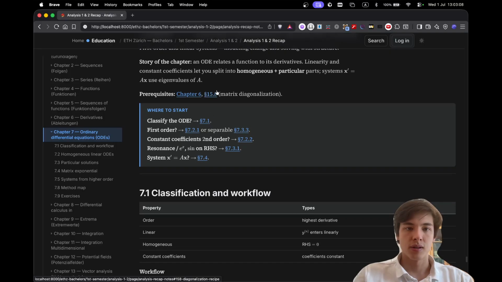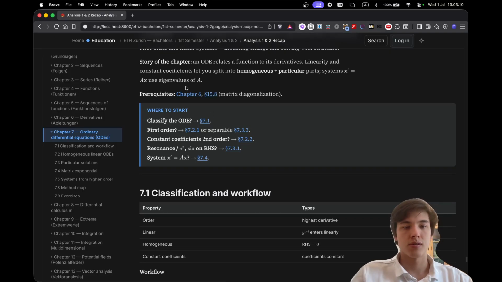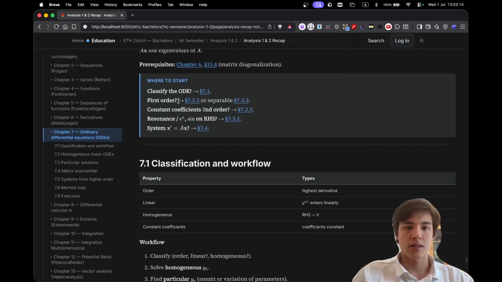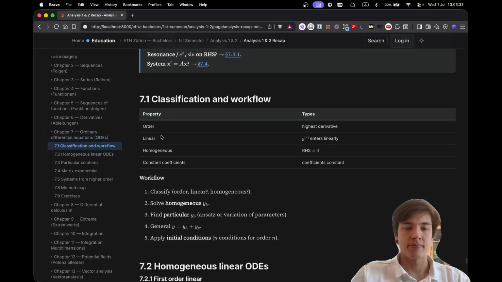And for systems, eigenvalues. We classify ODEs, and if it's first order, we can see if it's separable or not. Constant coefficients of higher order ODEs we can also solve, and if they're non-homogeneous, we have to solve that too.